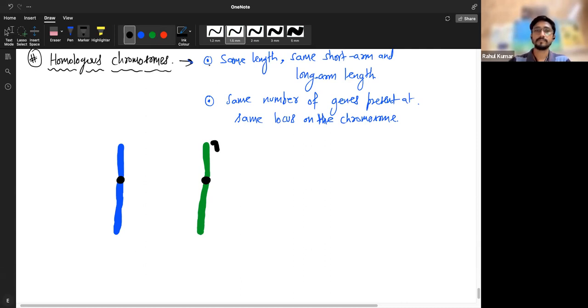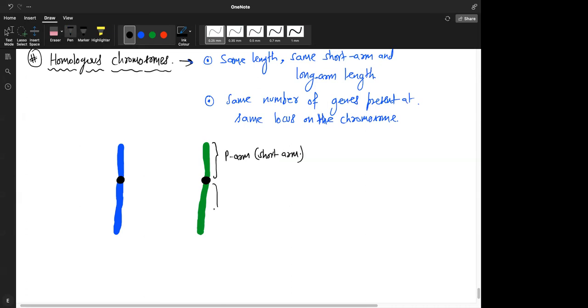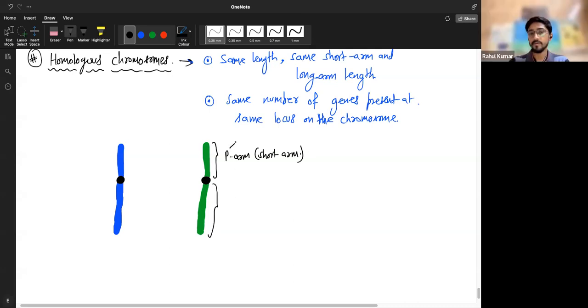So there is a short arm known as P arm. Can you see this is shorter than this in length? P arm, the word P comes from petite.